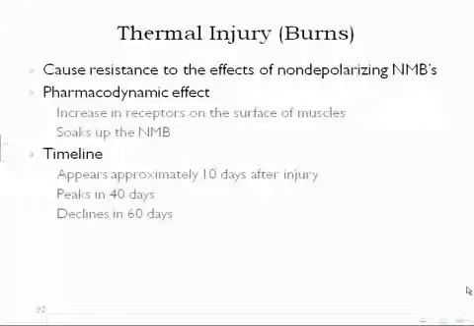So we're only talking about the non-depolarizers in this effect. The effect is very profound about 10 days after injury. You literally have to double, almost triple the dose of the non-depolarizer to get the effect you want. It can last up to 60 days, and usually then begins to decline.